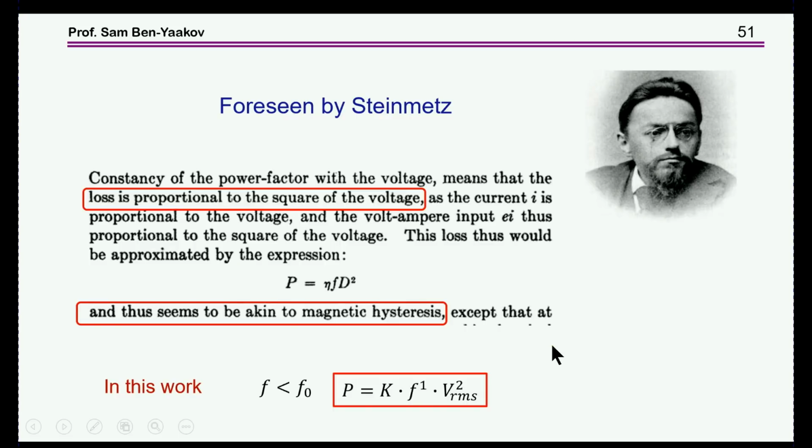He just did analytical derivation, theoretical considerations, and he said that the losses are proportional to the square of the voltage, okay? And he wrote this equation. D is epsilon times electric field, and electric field is proportional to the voltage. So this is exact, and F is to the power of 1.